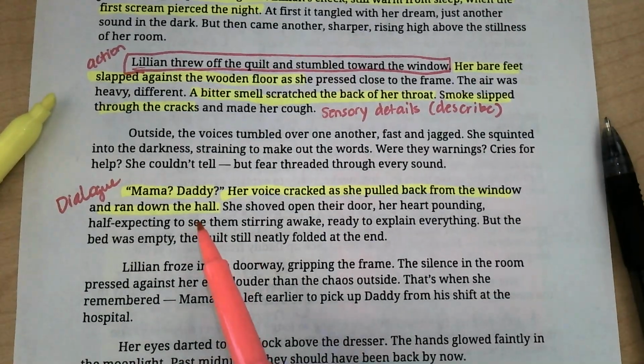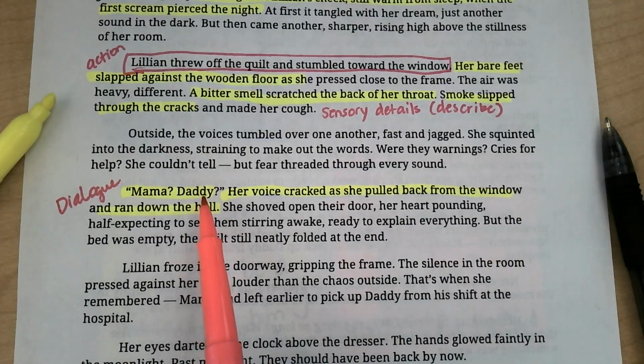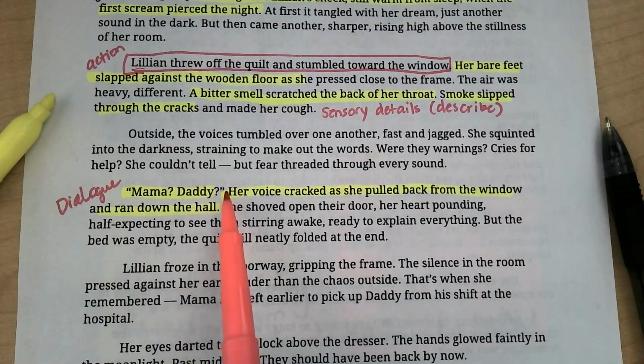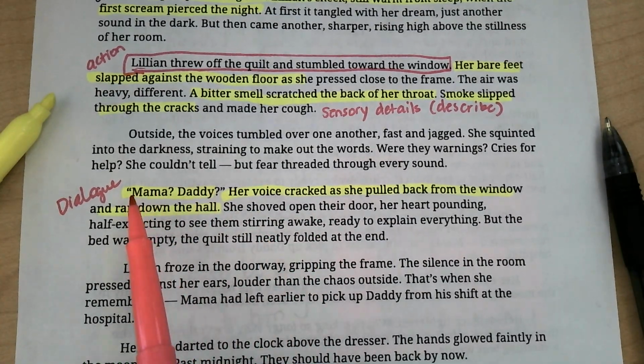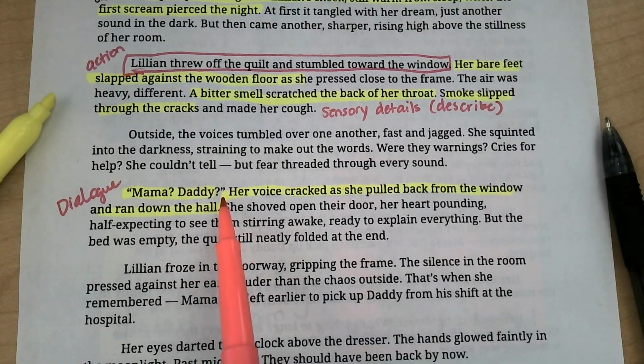All right, and also, one thing I mentioned to the kids today, but we will refine this, is punctuating dialogue correctly. In this case, this line right here is included with this paragraph because, one, this character is talking to herself. No one responds to her.